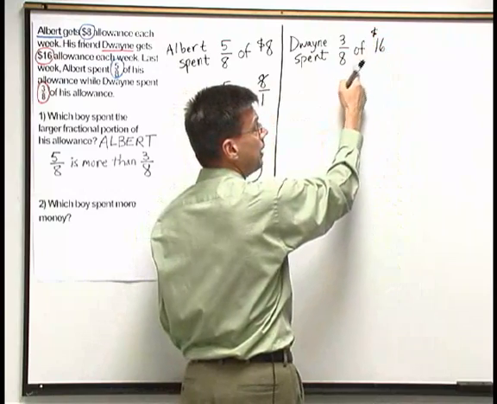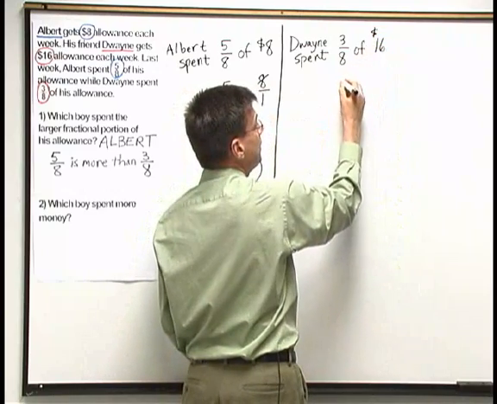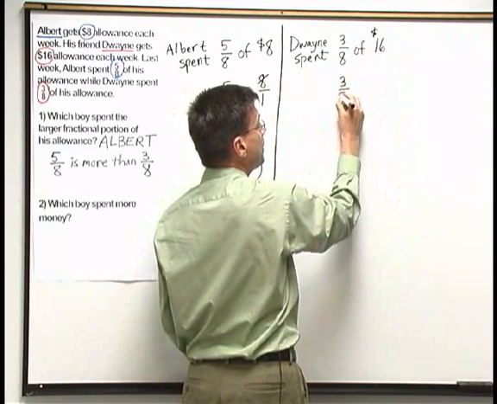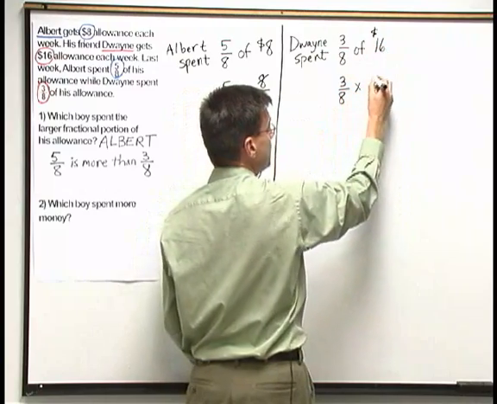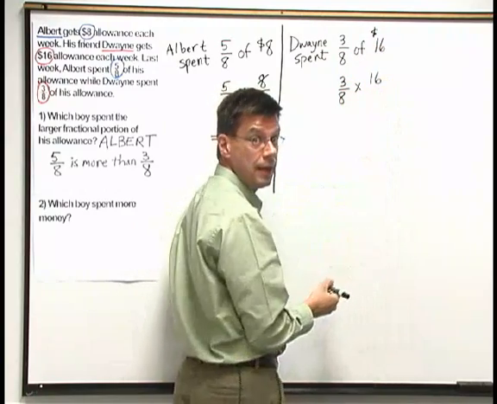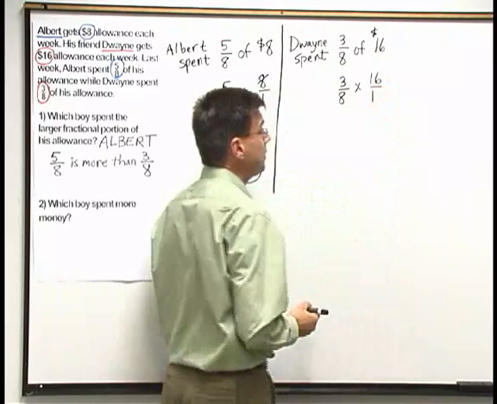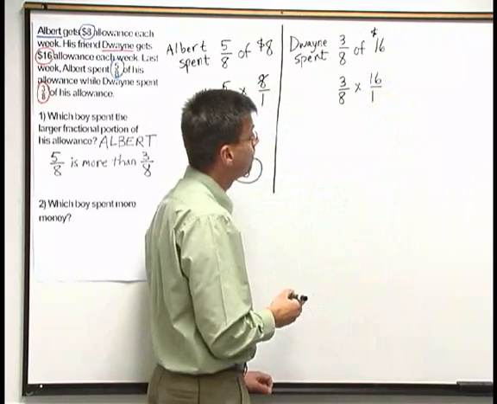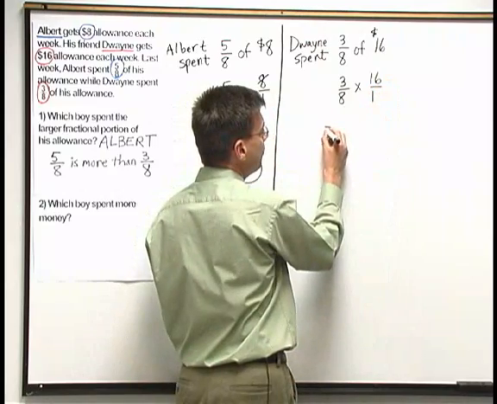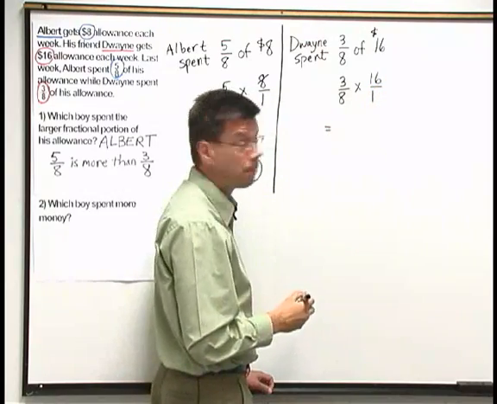Again, because we're taking a fraction of a quantity, we can write this as the fraction times that quantity, 3/8 times 16, or 16 over 1, since 16 is a whole number. Now let's go ahead and do the fraction multiplication here.